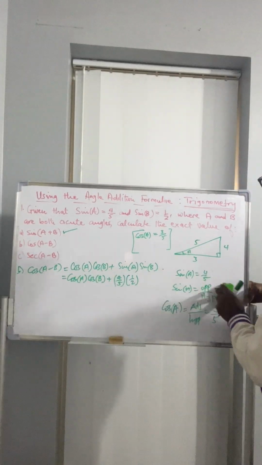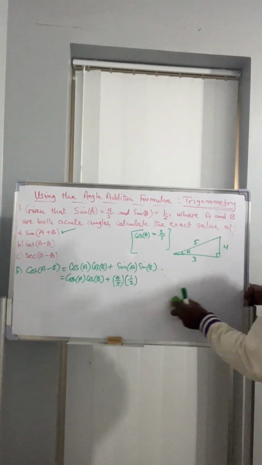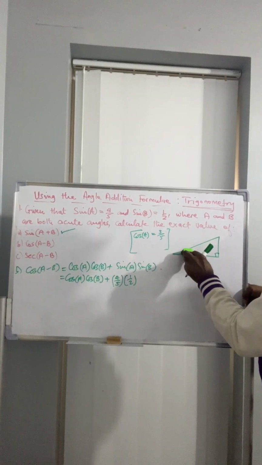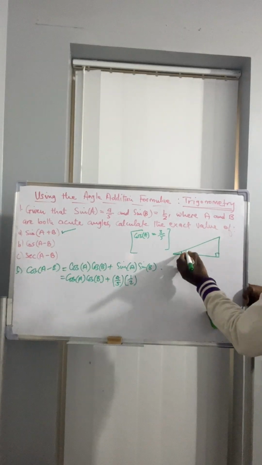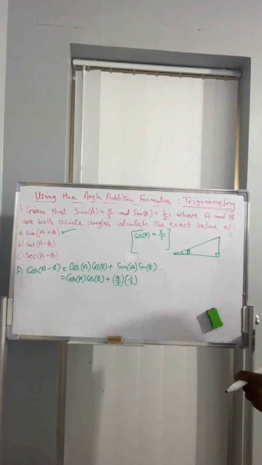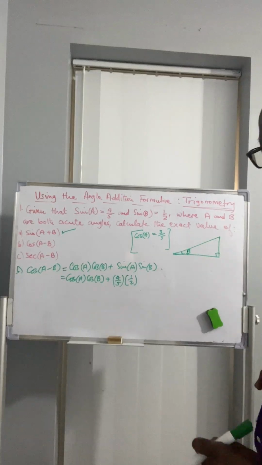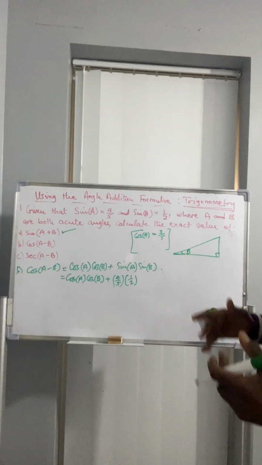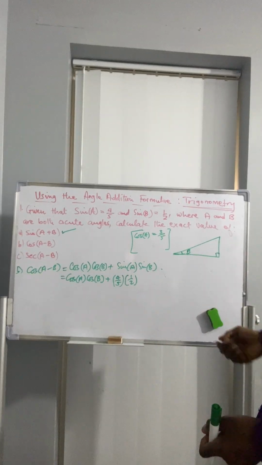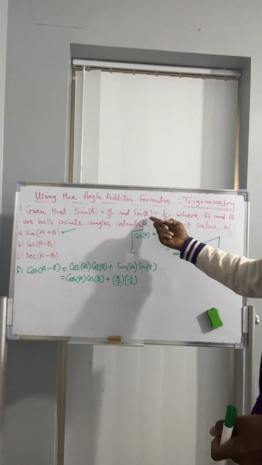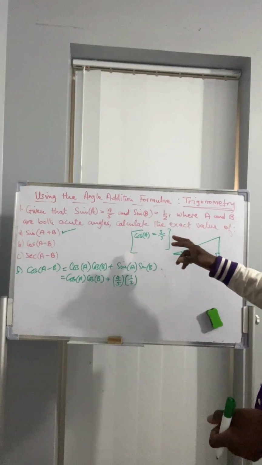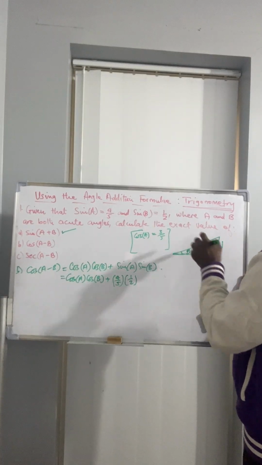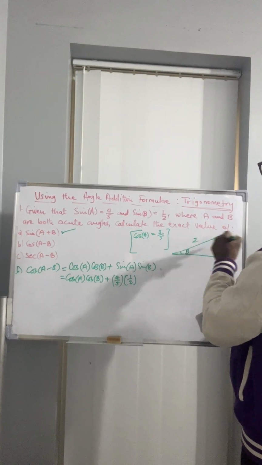We want to find the cosine of B. So now we put B here. We can't find the cosine of B until we know what the adjacent side is, because cosine is adjacent over hypotenuse. But we are given the sine of B. Sine B is 1/2. So that means the opposite side is 1, and the hypotenuse side is 2. That's what it means.